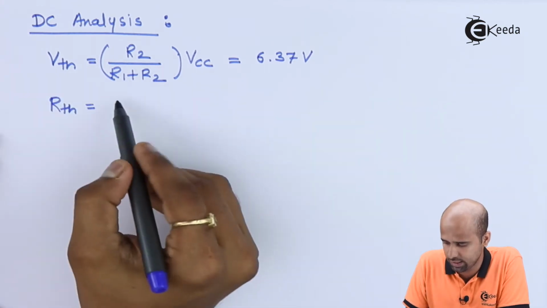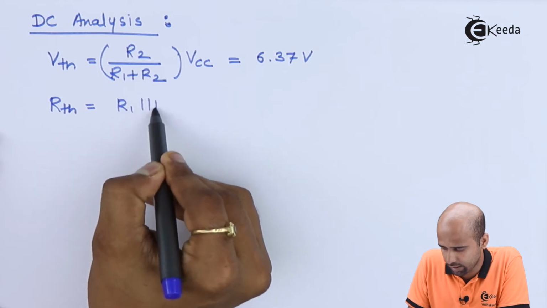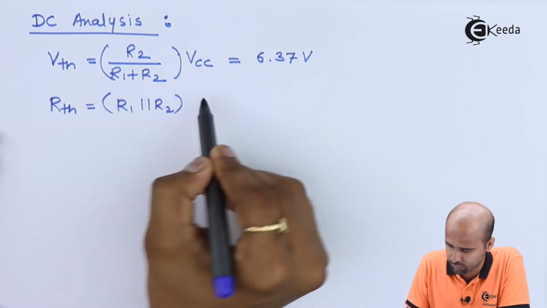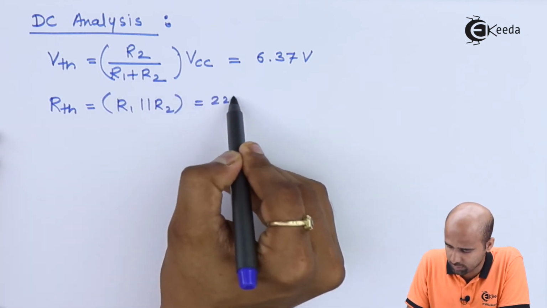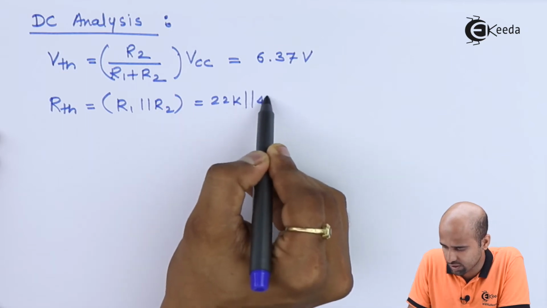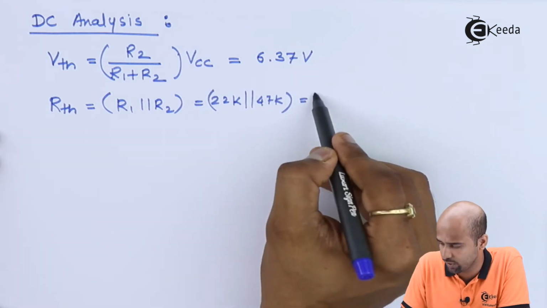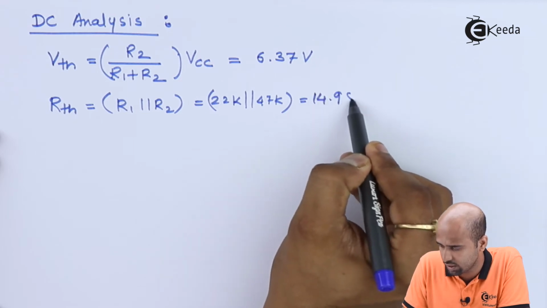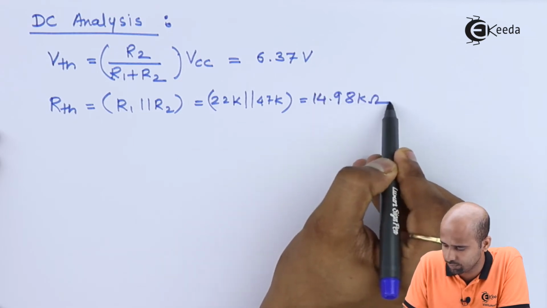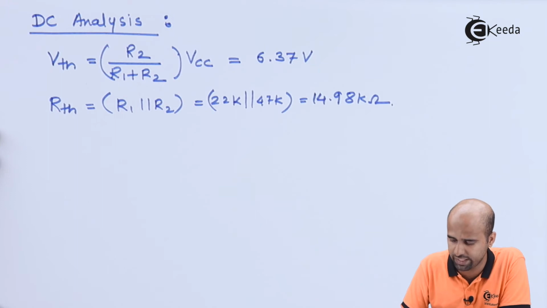RTH is equal to R1 parallel R2, which is 22K parallel to 47K. This value comes out to be 14.98 kilo ohm. So we know the values of VTH and RTH.